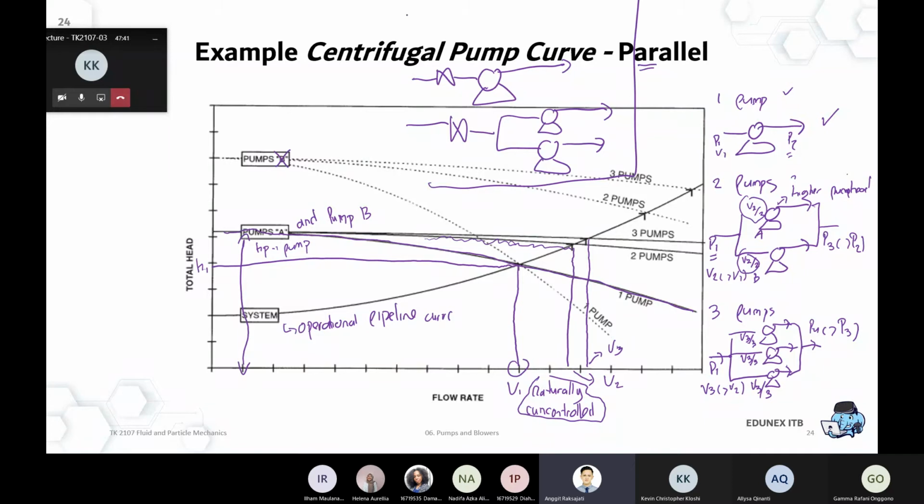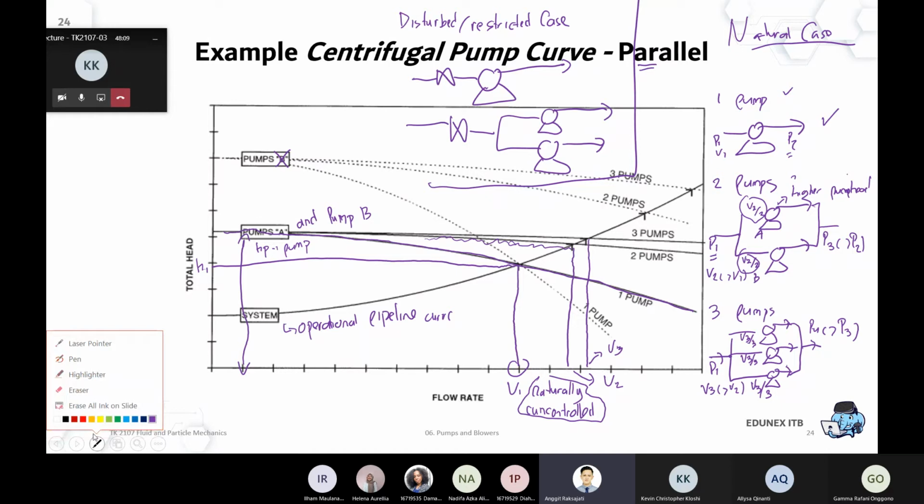Compare this disturbed case, okay? So it's now disturbed. You add more restriction or restricted case, okay? Restricted case versus the natural case. So this is the natural case. So again, the main difference is only about the valve, right? So you control the flow rate in the plant using a valve. That's why it's called control, to control the flow rate of the system, for example.